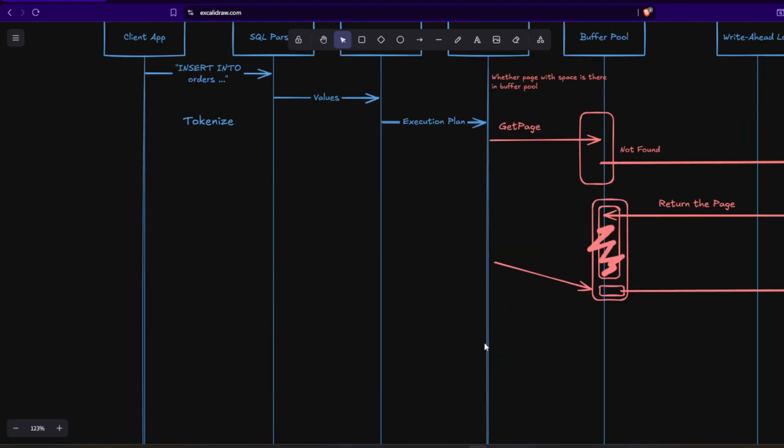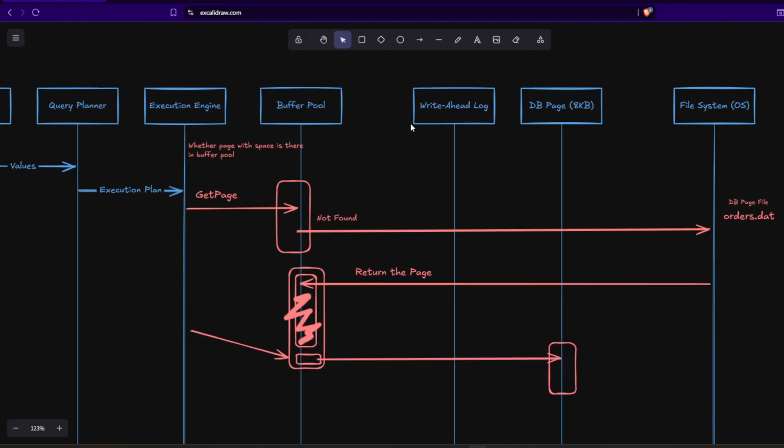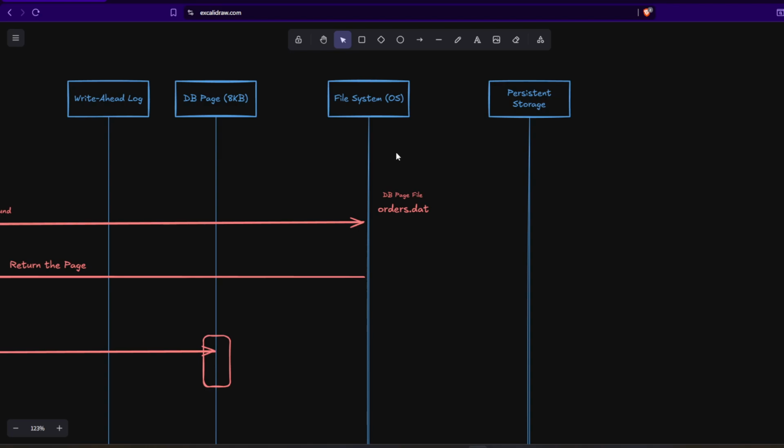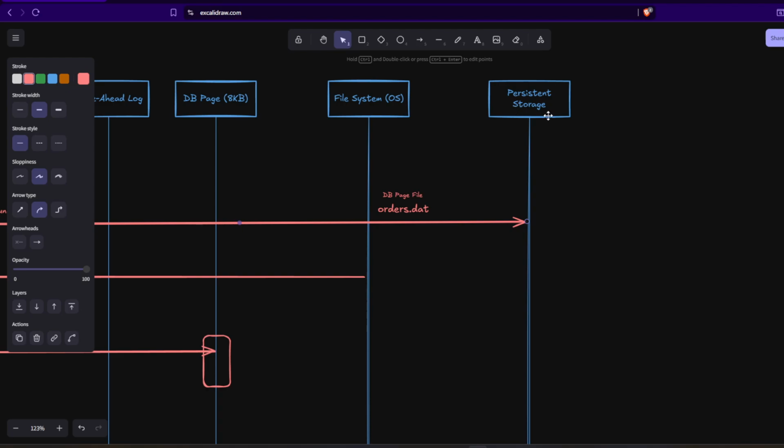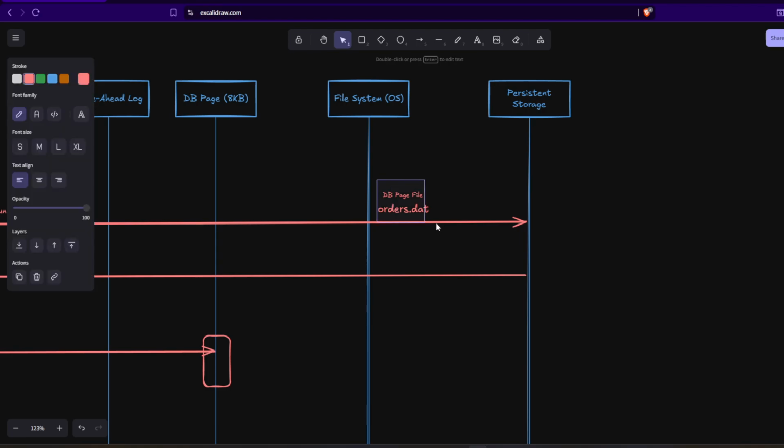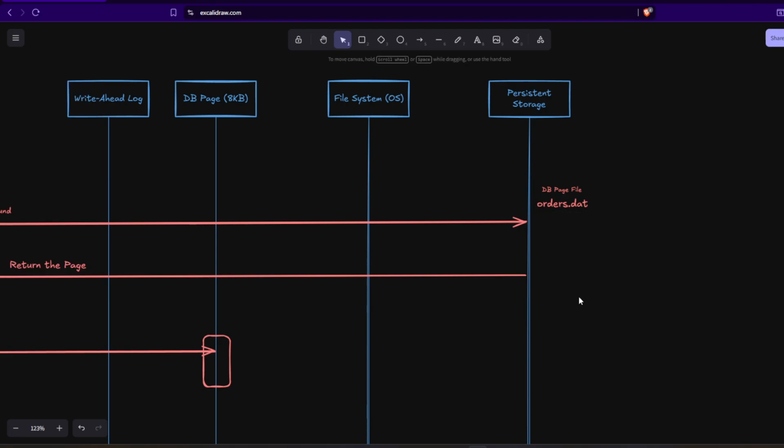Remember, at this point when we have written the data to the buffer pool and then into the DB page, we haven't written into our file system or the persistent storage yet. This data, the orders.dat, is not yet written to the persistent storage. So before writing to the persistent storage, WAL comes into play.